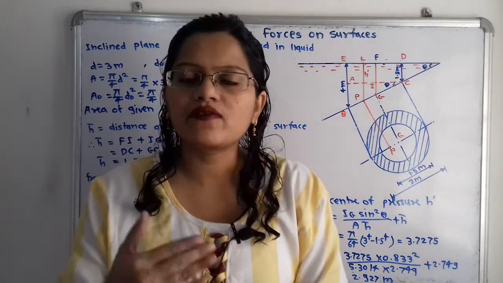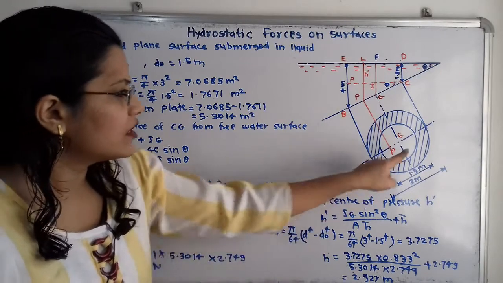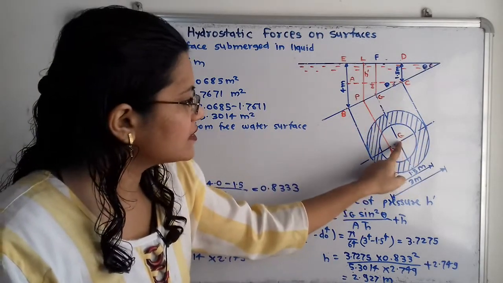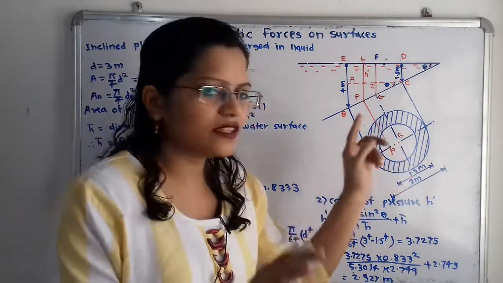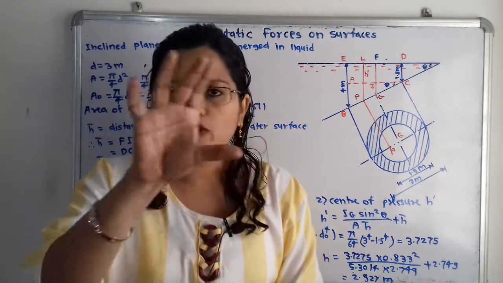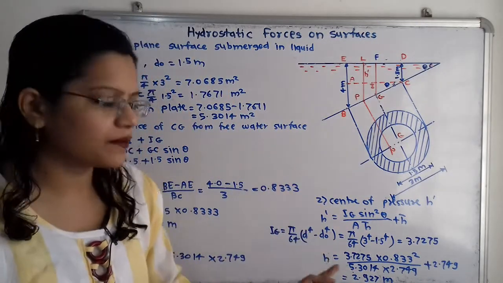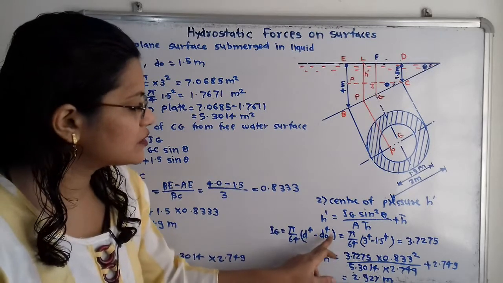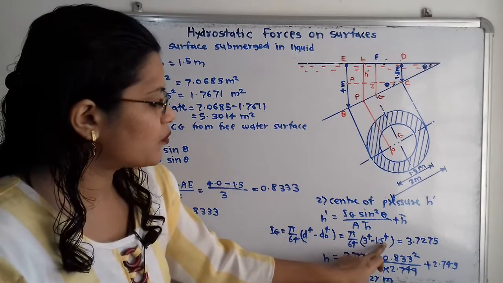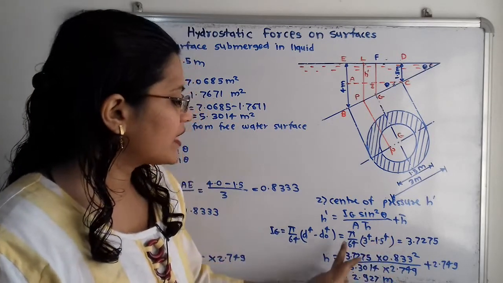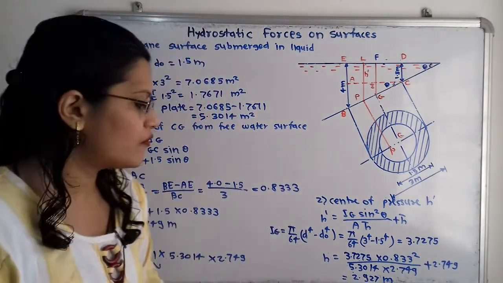So the formula for this type of plate is pi by 64 into d raised to 4 minus d0 raised to 4, because this is a hole, that means there is no area of the plate or surface there. That's why we subtract d raised to 4 minus d0 raised to 4. When we put the values, that is 3 raised to 4 minus 1.5 raised to 4, we will get the answer 3.7275. So this is the value for Ig.